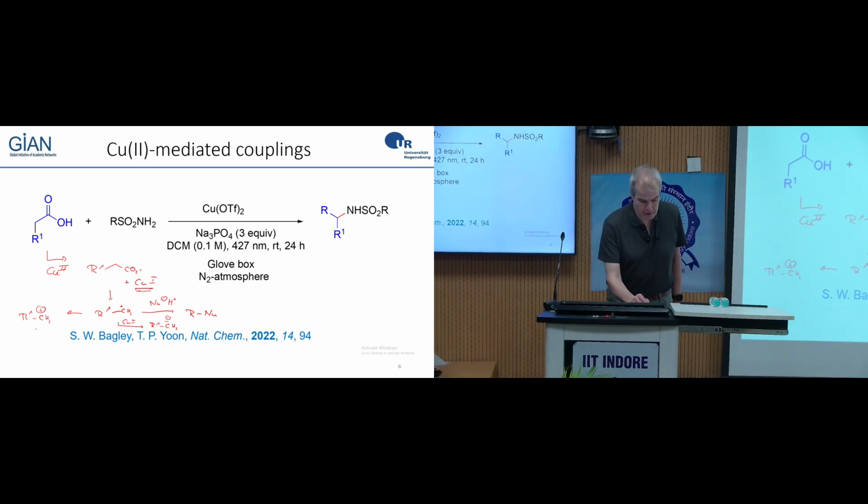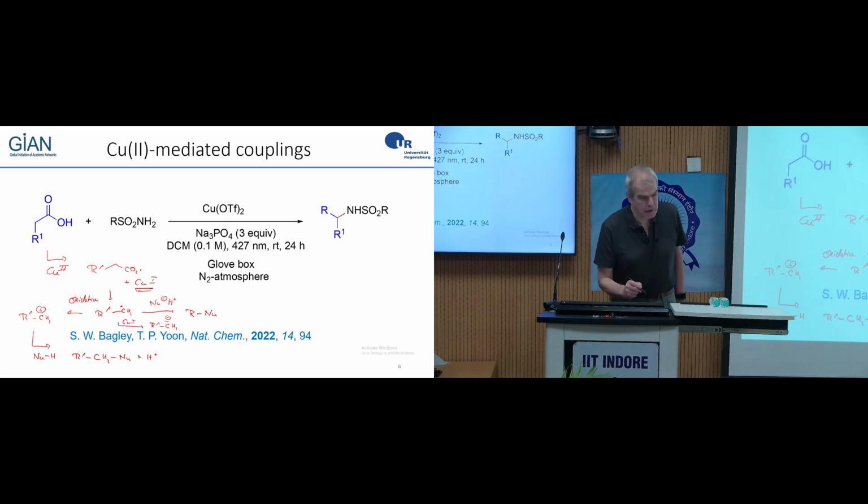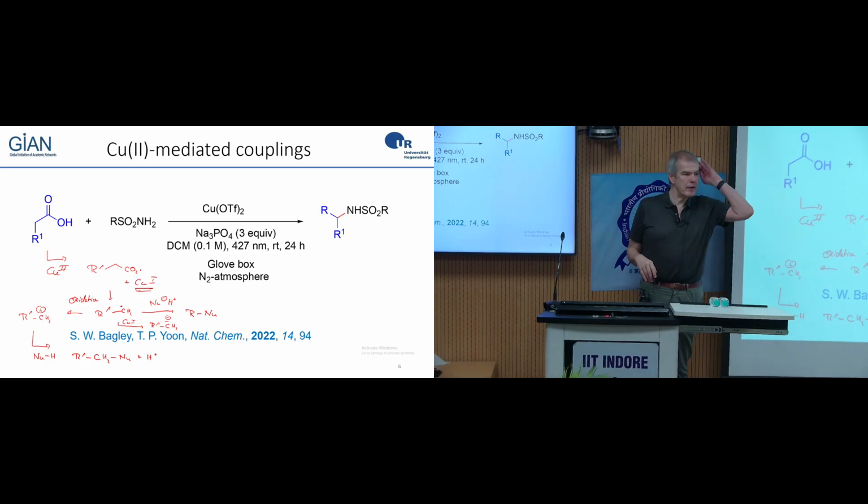You would not have to go to the cation, but you need the cation because the cation now will recombine with the nucleophile and make this and the H plus, right? That would be the formal way. But then if you go from here to here, this is an oxidation, so you need an oxidant. But in order to go back from copper 1 to copper 2, you need the opposite.